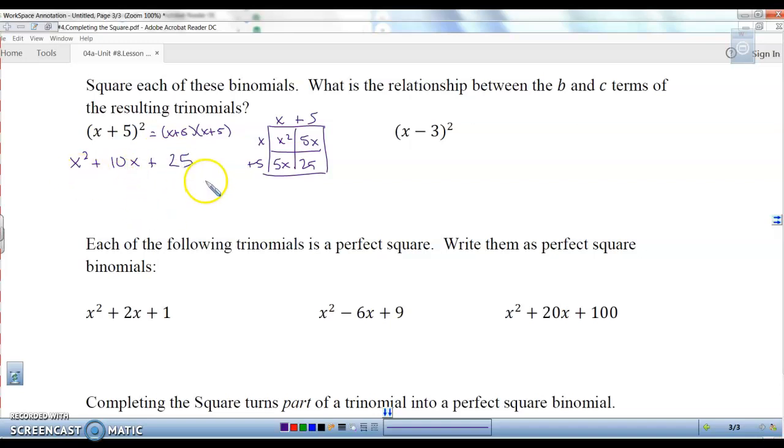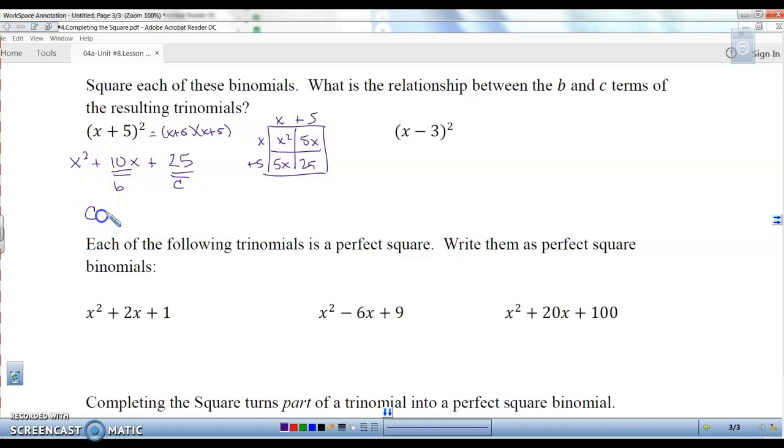So now you can see this is a standard form trinomial. You've got three terms. What is the relationship between the b term and the c term? This is the b term and this is the c term. How does the c term compare to the b term? Well, this is 25 and this is 10.